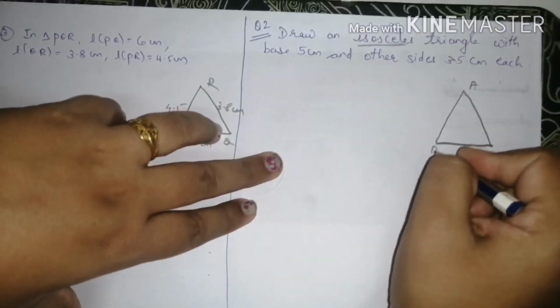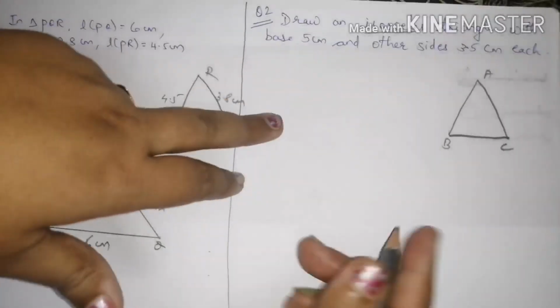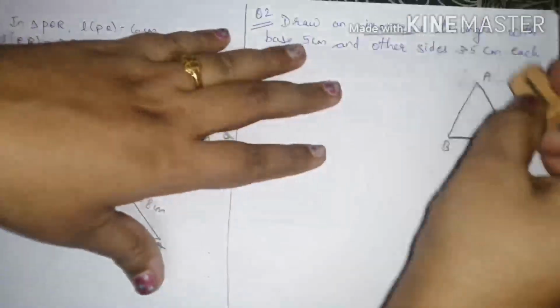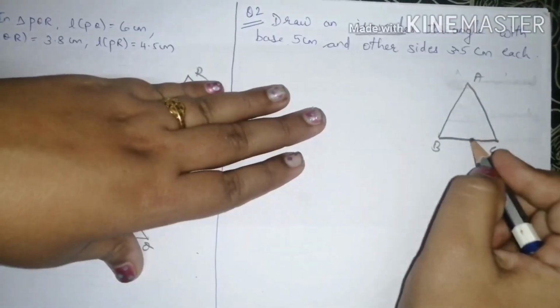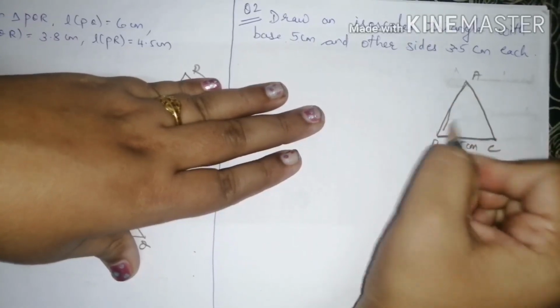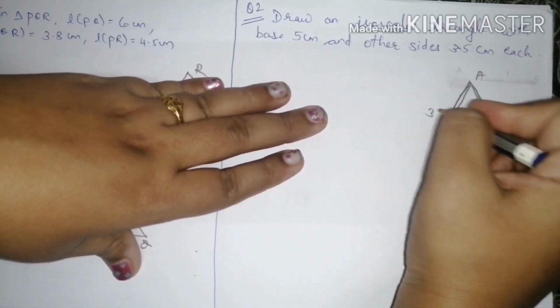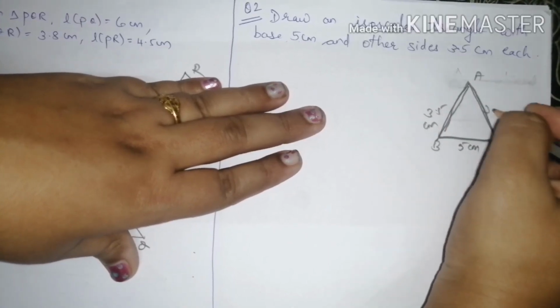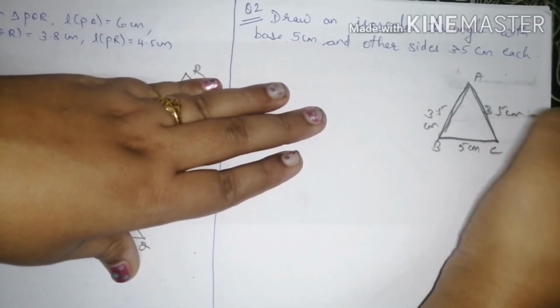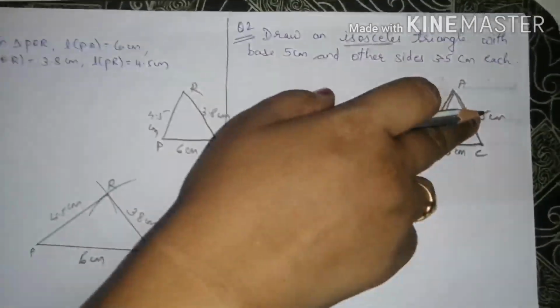Suppose I am giving the name ABC. Base is how much, children? 5 centimeter. So you have to take the base as 5 centimeter and the other two sides, they are how much? 3.5 centimeter. So this is your isosceles triangle as these two sides are the same.